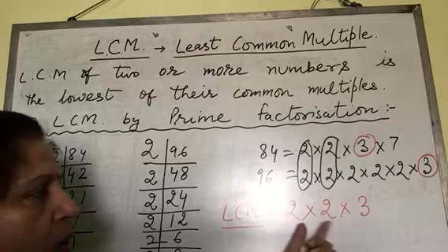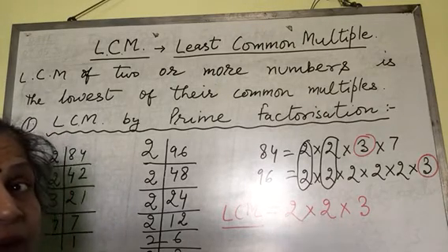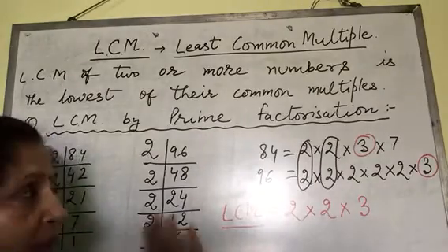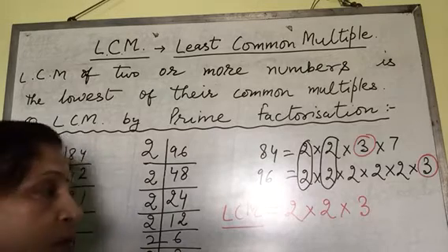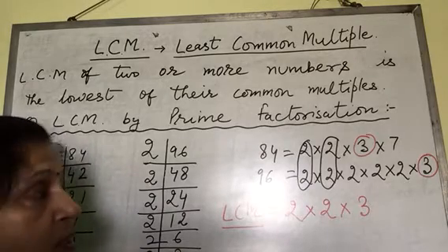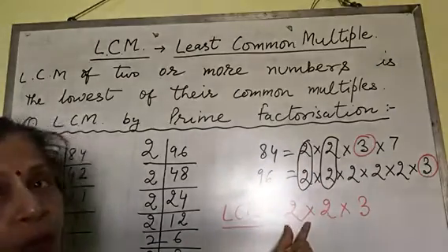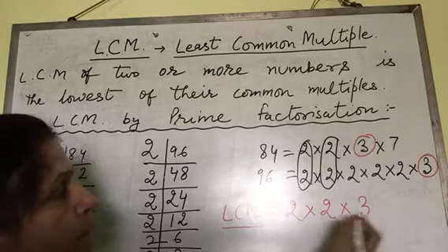Now I have written here only the common ones. Now I am going to write the numbers which are uncommon, क्योंकि LCM में you have to multiply the common ones and the uncommon. दोनों को हम multiply करते हैं, but common numbers will be written only 1 time. There is no need to write them twice.